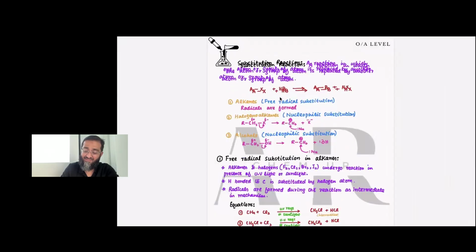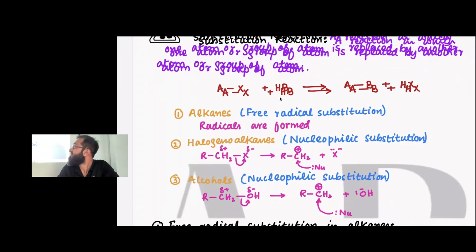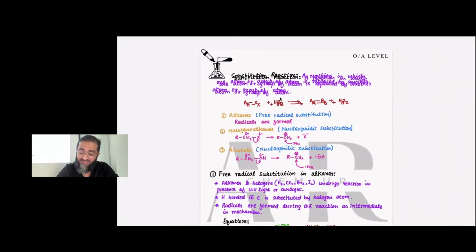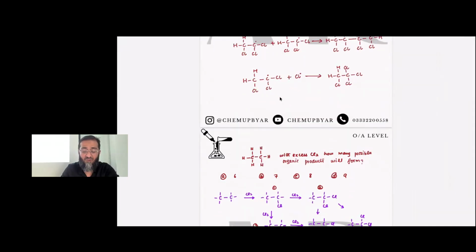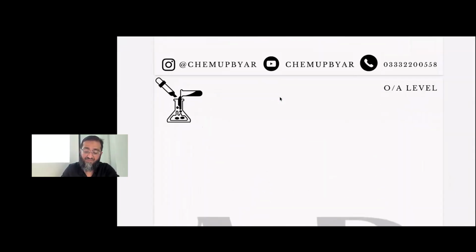Alkanes undergo free radical substitution. Halogenoalkanes and alcohols undergo nucleophilic substitution. Okay, so we are going to discuss the nucleophilic substitution reactions now.